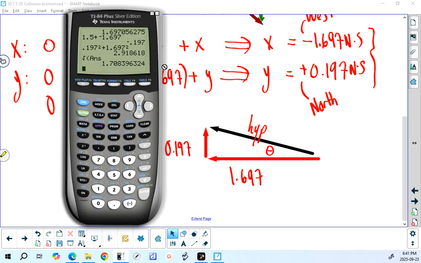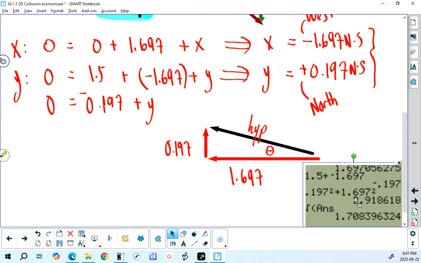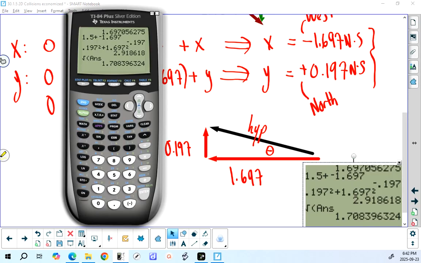And I get this for a hypotenuse. Let's find the angle right now. I need to take the inverse tangent of opposite divided by adjacent. So it's a paltry 6.6 degrees.